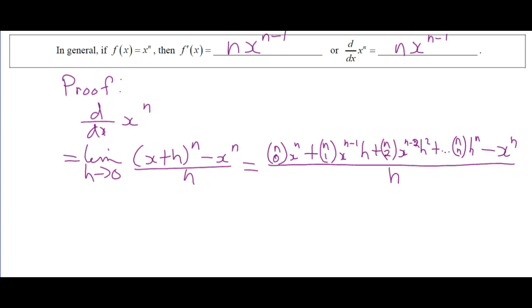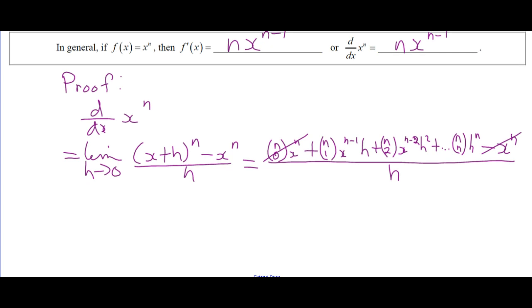Okay, now n choose 0 is just 1, right? So this takes out, just like the x cubed took out the x cubed, right? And what are we left with? Well, all of these guys have an h, right? At least one h, and increasing powers of h. So then, we're just sort of generalizing. So it's going to be h times, okay, n choose 1, x to the n minus 1, plus n choose 2, x to the n minus 2.